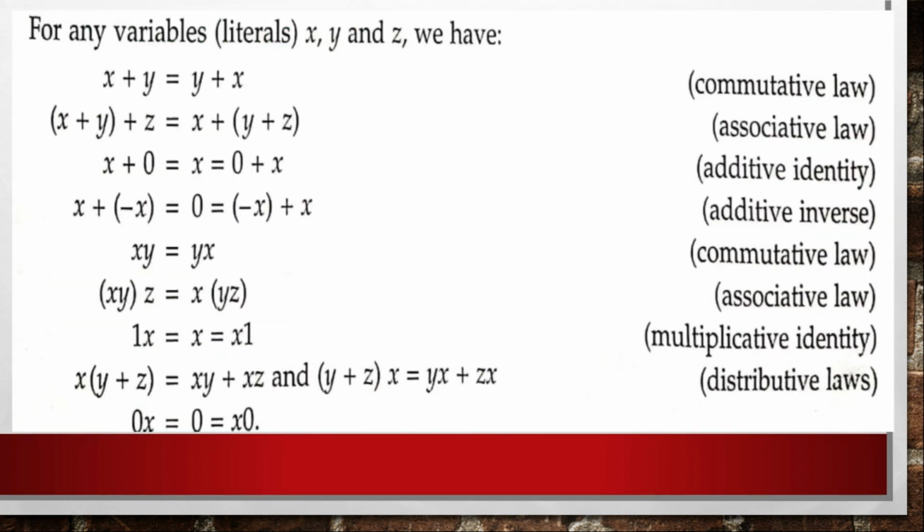Now these are very important laws for addition and multiplication of the literals or variables. The first one is the commutative law for addition. If you write x plus y, the answer will be the same as that of y plus x. Suppose I write 2 plus 3, the answer will be the same as that of 3 plus 2.